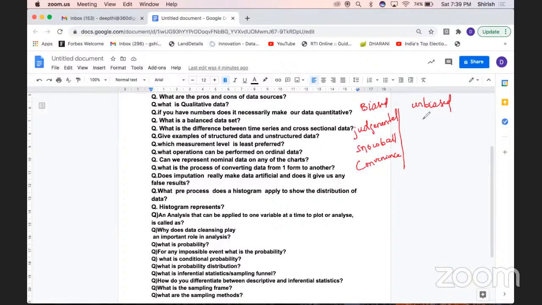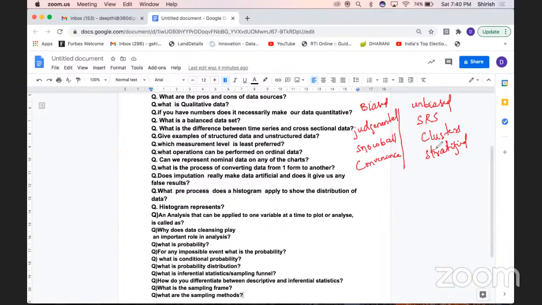When you talk about unbiased, as you told, it is simple random sampling, or you make people into clusters, or you can say stratified sampling. Now can anyone tell me what is judgmental sampling?